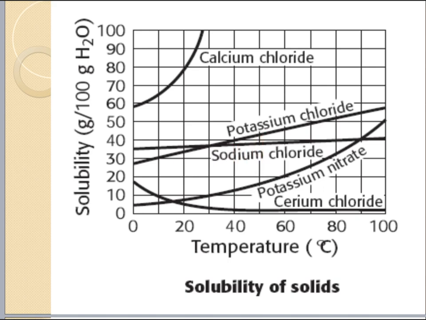The only one that doesn't really seem to be dissolving more as you get hotter is sodium chloride, because sodium chloride looks like it plateaus. It reaches a horizontal asymptote, which means it's a horizontal line that it can't hit. Looks like it's just going to find its limit there. And then cerium chloride actually decreases solubility the higher temperature you go.